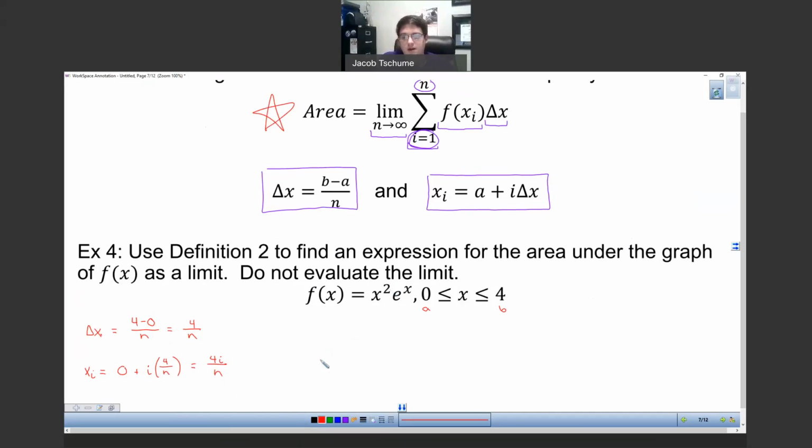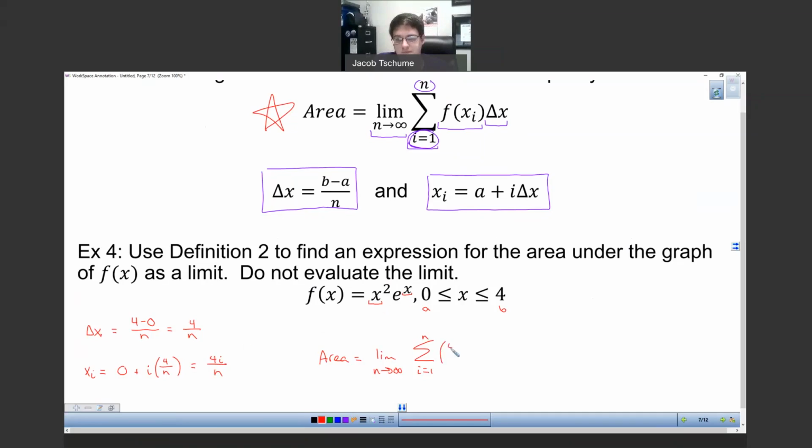So the area under the curve of this function on this interval can be found by being the limit as n goes to infinity of the summation from I equals 1 to n. So when it says f of x sub I, that means you need to go to the function that I gave you, and both of those x's need to be replaced with the x sub I you just found.